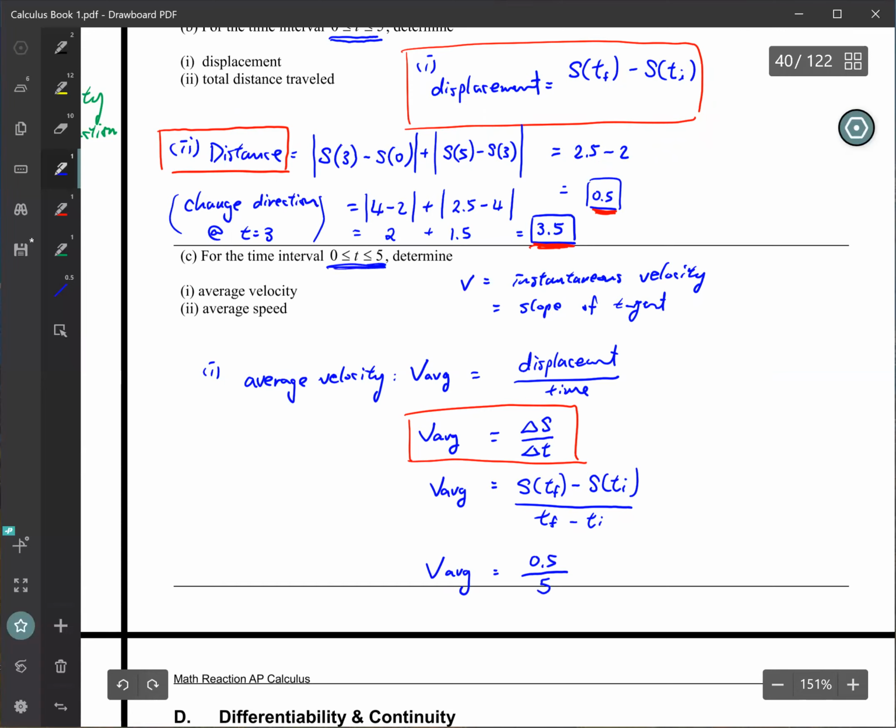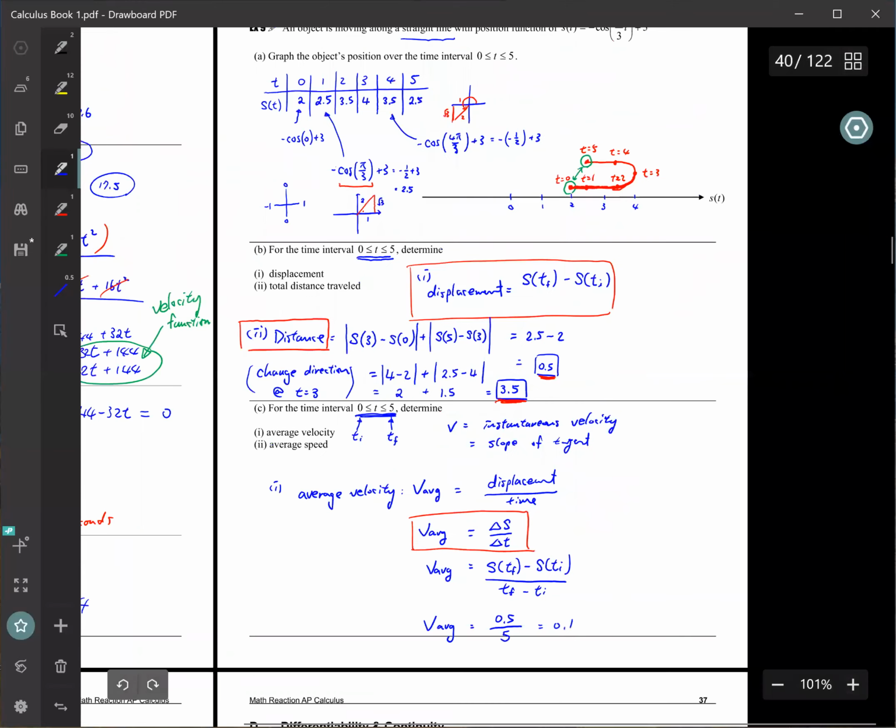So the interval here tells you the initial time and the final time. You start with 0 seconds, ends with 5 seconds. They could start from a different number, right? It could be between 2 to 5. So if we divide that, it will be 0.1. And we don't have units here, right? So we just write 0.1.